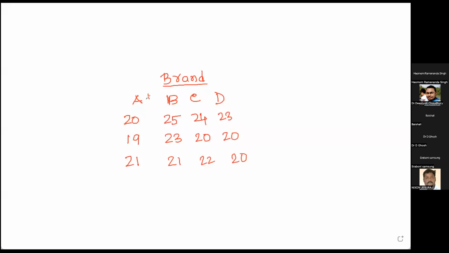So basically these are the 4 different brands of electric bulb: brand A, brand B, brand C, and brand D. Suppose we are testing the lifetime of 3 electric bulbs of each of the 4 brands.